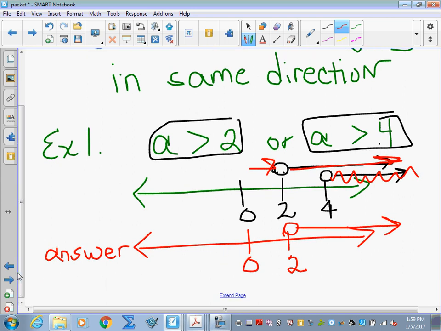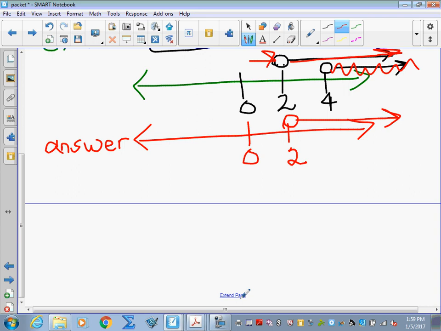Now, when you write your final answer, it has to be based on your graph. So you just say a is greater than 2. That's it. You don't say or a is also greater than 4. You don't do that. You just give me one answer, one graph. Okay, one little bubble.